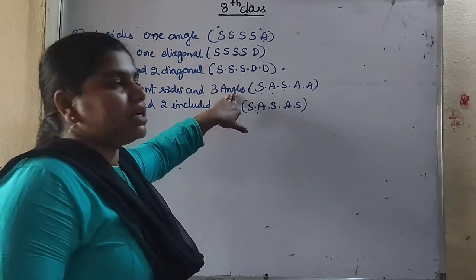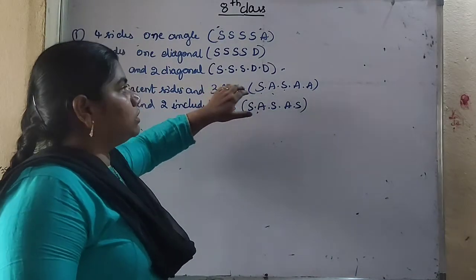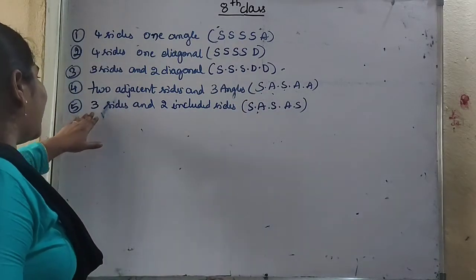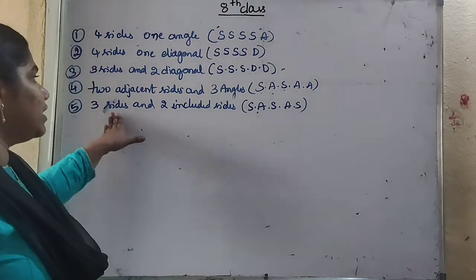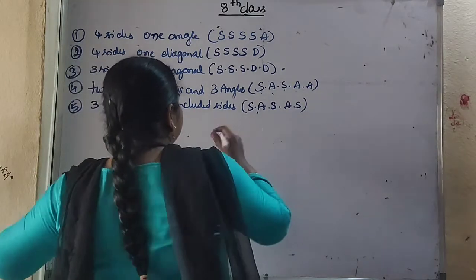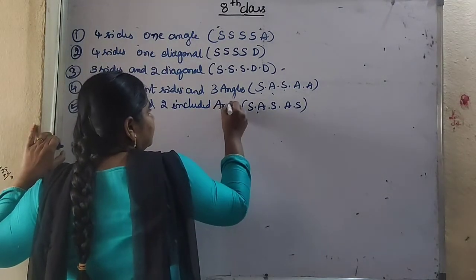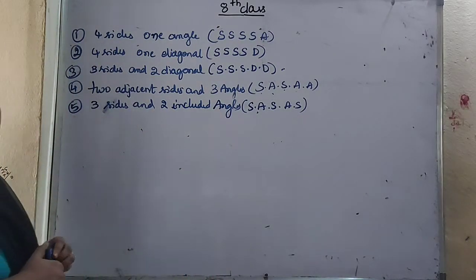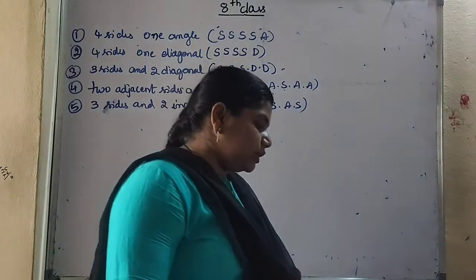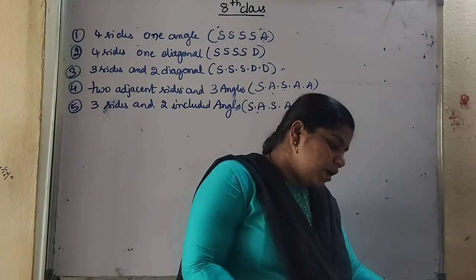And three sides and two included angles are given, then also a quadrilateral can be formed. So with these measurements, a quadrilateral can be formed.